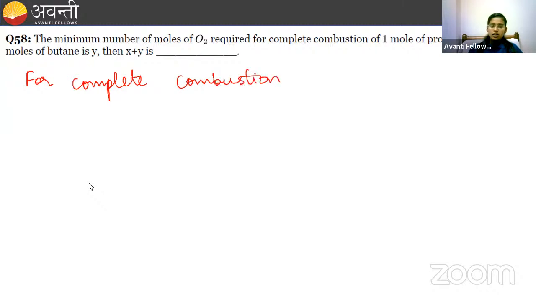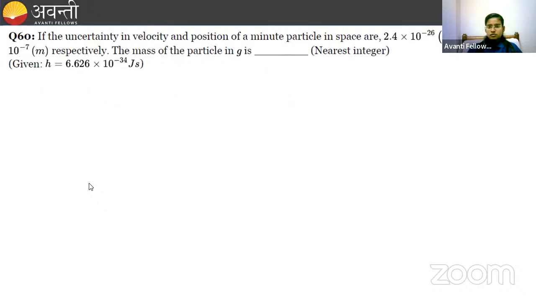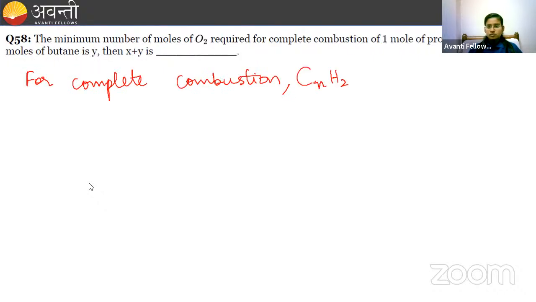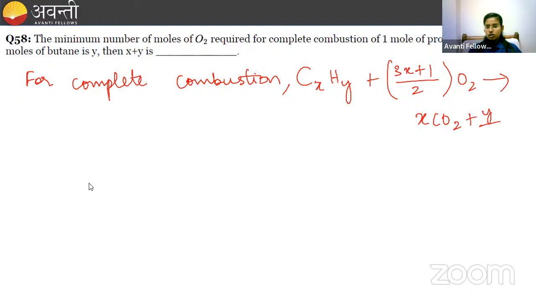the general formula that we need to follow for any type of alkane is CnH2n+2. For CxHy, this is the alkane, and if the alkane is treated with (3x+1)/2 moles of oxygen, it will give x moles of carbon dioxide plus y/2 moles of H2O.